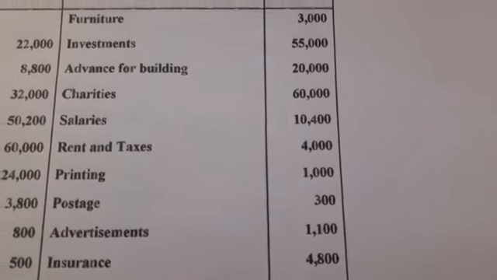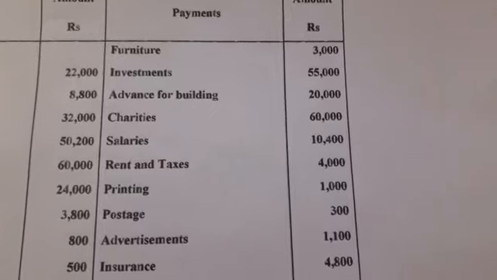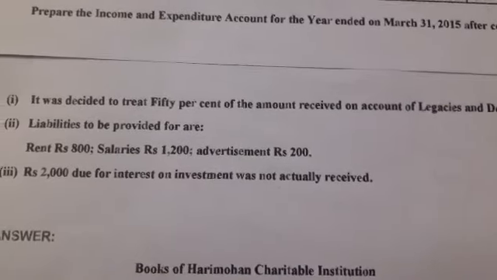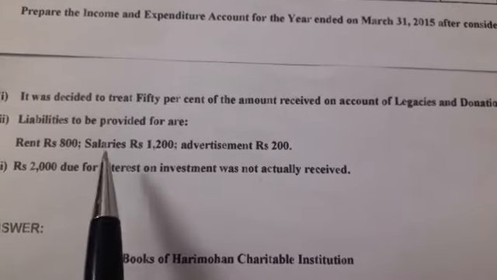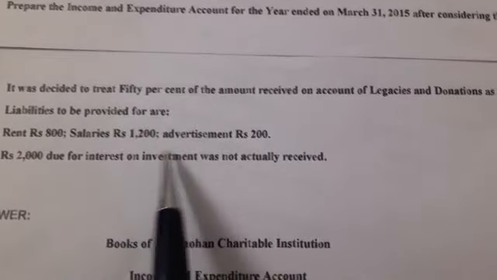Next item is salaries. The amount for salaries is 10,400. That means salaries paid during the year is 10,400. But the adjustment says that salary of rupees 1,200 is still outstanding for the current year.